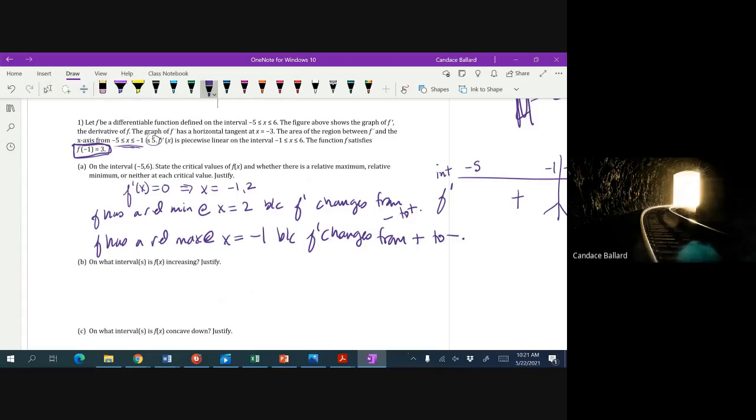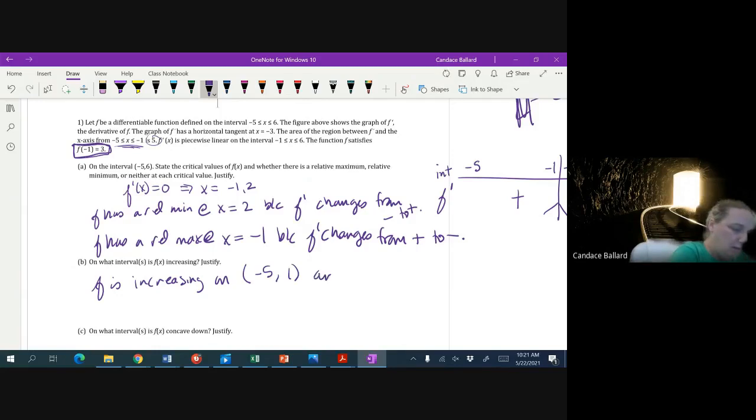So we would say that f is increasing on between -5 and -1 and 2 and 6 because f prime, remember, because they gave us f prime, that's what all of our answers should be based on.